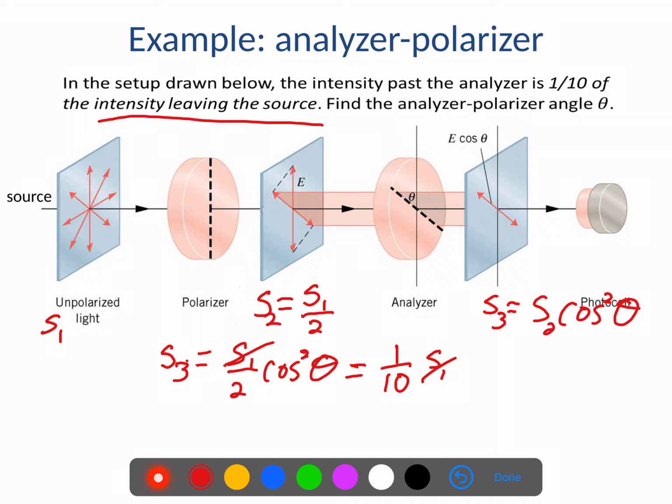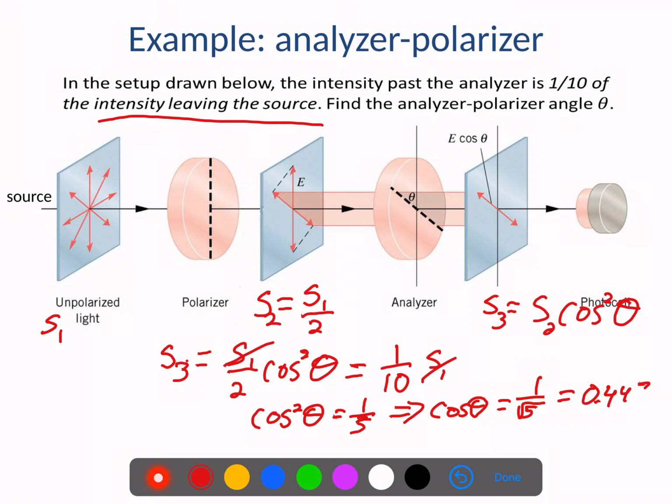Multiplying both sides of the equation by 2, cosine squared of theta is going to be equal to 1/5. Which then tells me that cosine of theta will be 1 over the square root of 5, which is equal to 0.447.